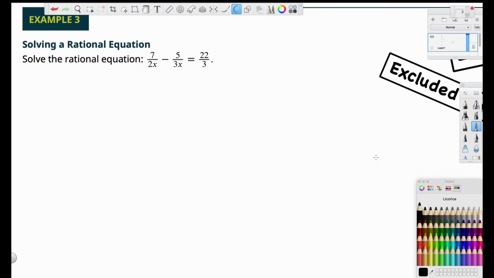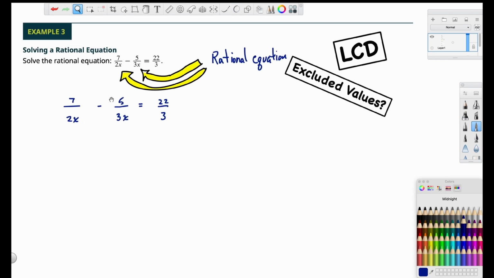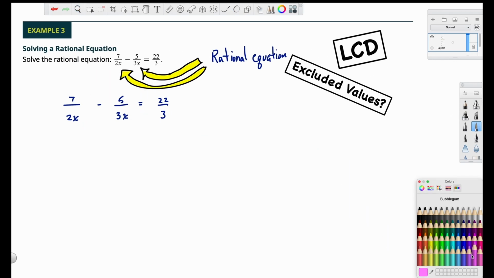Example 3, solving a rational equation. So here we go. We have a variable in the denominator. This is a rational expression in an equation. So I'm going to rewrite this. We want to clear this fraction here. There are two things we want to keep in mind: the LCD and excluded values.